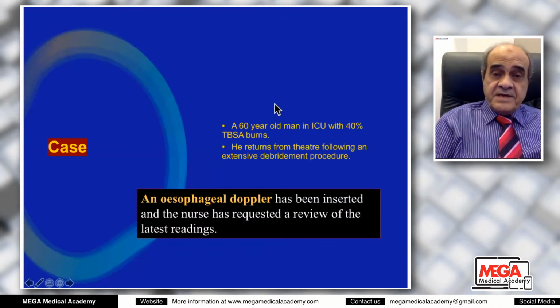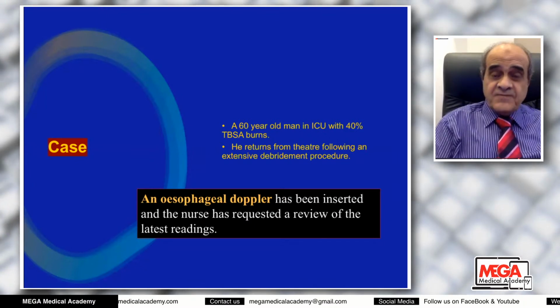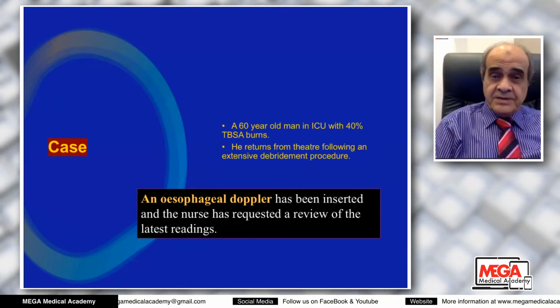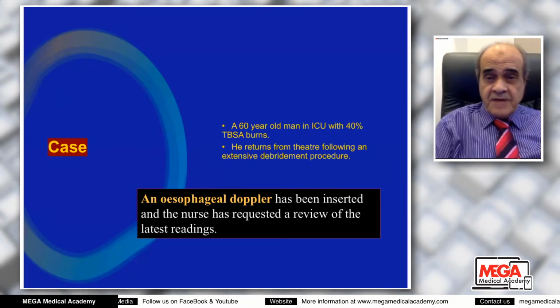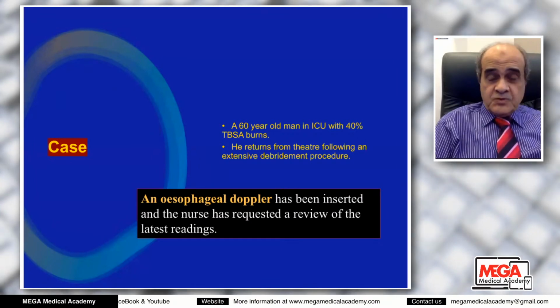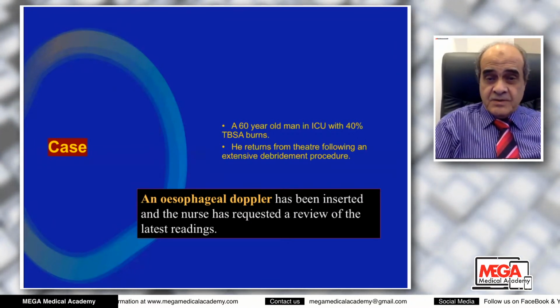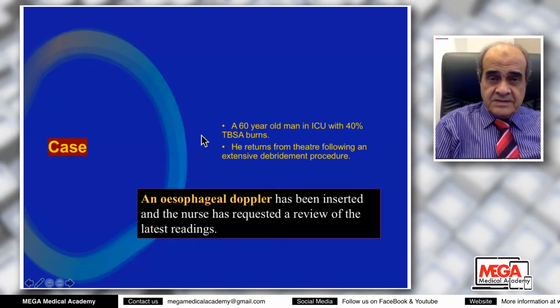First case, a 60 years old man in ICU with 40% total body surface area burn, and he returns from the theater following an extensive debridement procedure. Esophageal Doppler has been inserted, and the nurse has requested a review of the last reading.